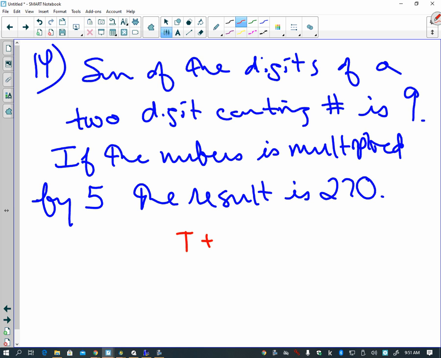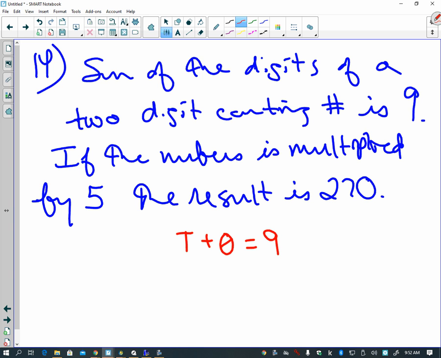I hate using O, but we'll use it with a line through it so we know it's not 0. So t plus o equals what? 9, because the sum of the digits, the tens digit plus the ones digit, equals 9.